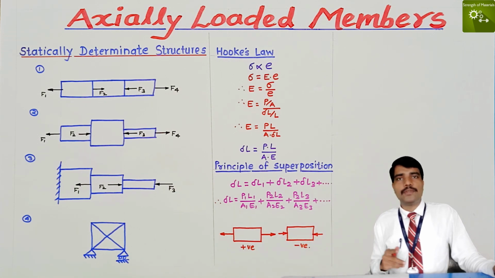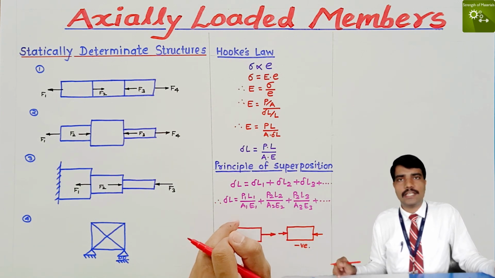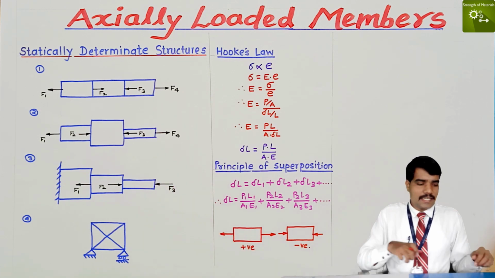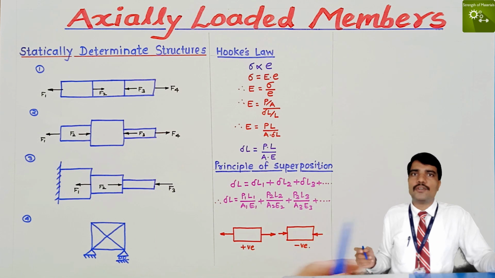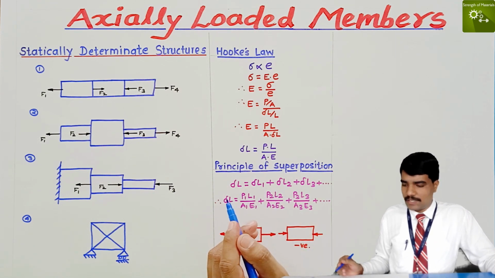We use this sign convention at the time of finding the total elongation in that axially loaded member. So let's see the simple steps to solve a numerical on statically determinate structures and axially loaded members.